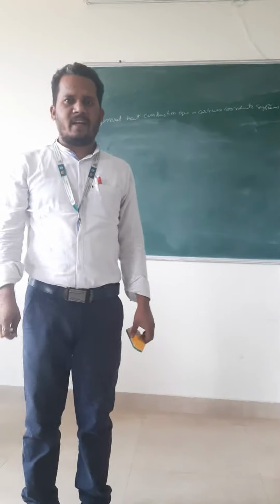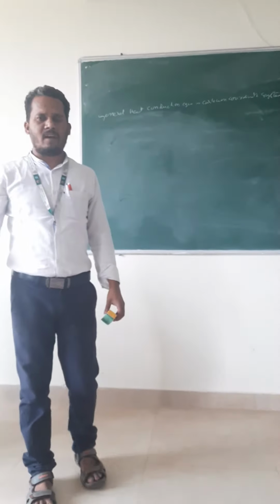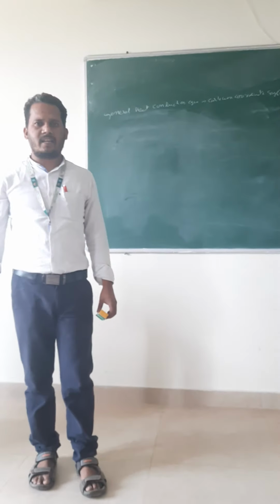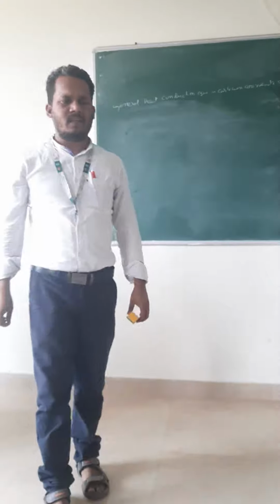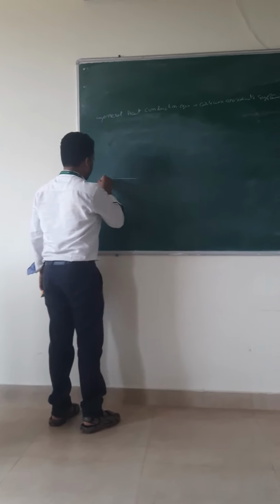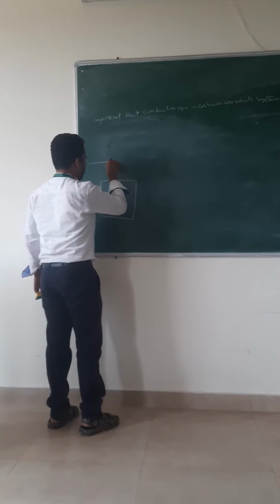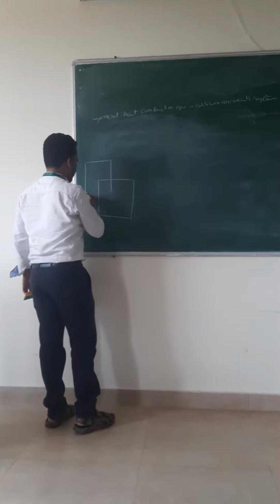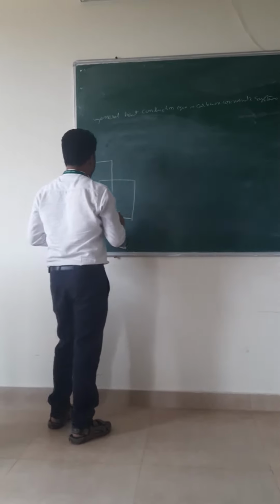Consider an infinitesimal elemental volume of rectangular parallelepiped, with sides dx, dy, dz, and axes x, y, z as given in the figure. This is the infinitesimal volume of sides dx, dy, dz.